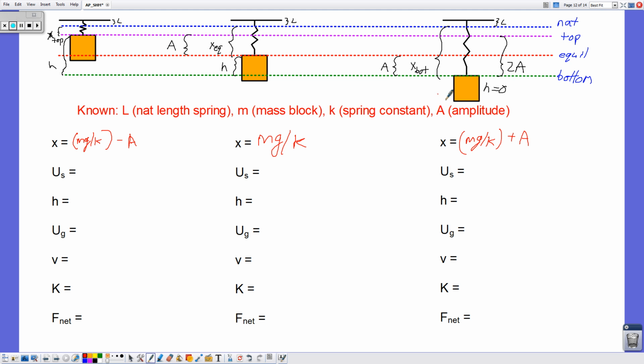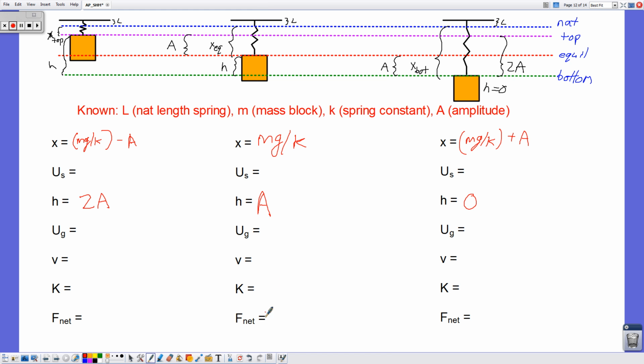I can do it that way if I want, but I don't really care about absolute energy. I care about the change in energy, so it doesn't really matter. So I'm just going to pretend this is an altitude of 0. If this is a height of 0, then here this is going to be a height of A. And if this is 0, and this is A, and this is A, then green to purple is 2A.